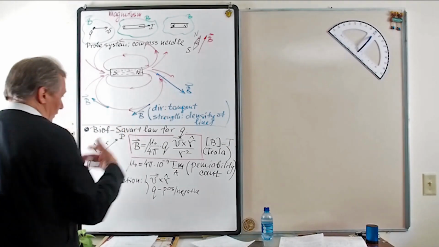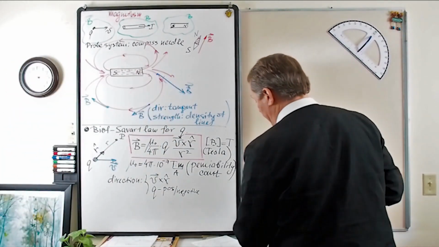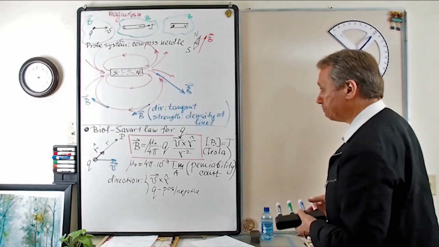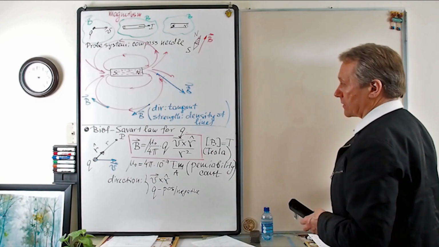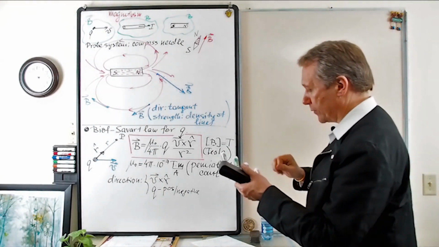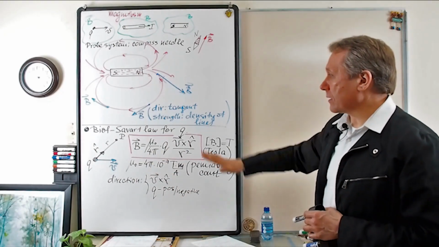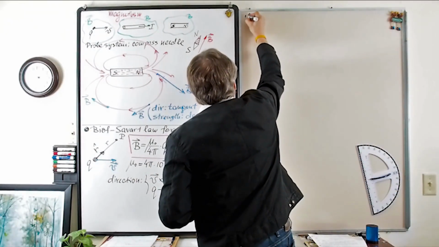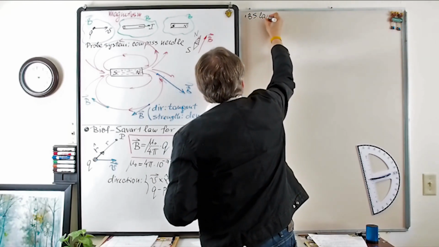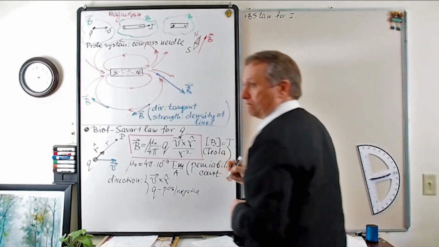If this were filled with some material, the constant mu naught we would have to replace with some mu. Now, two more formulas. So we wrote down the Biot-Savart law for charge. Now let's write the Biot-Savart law for a current.